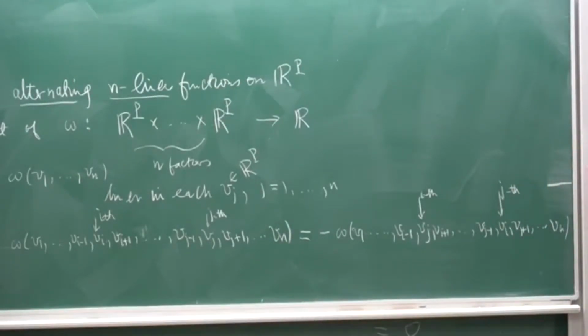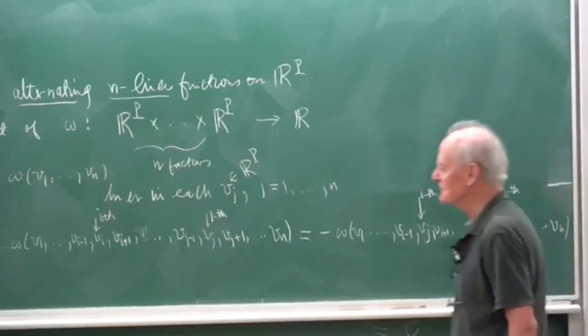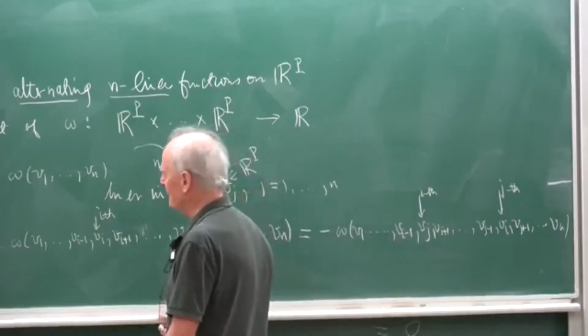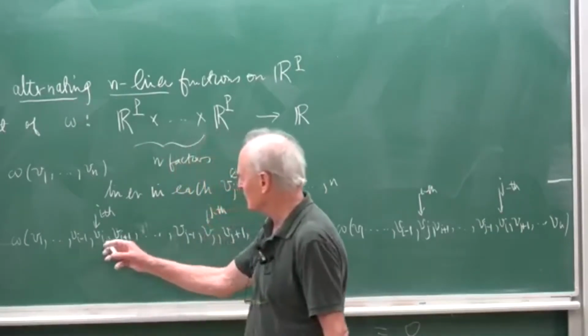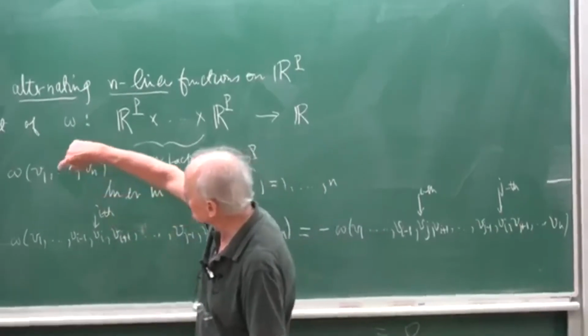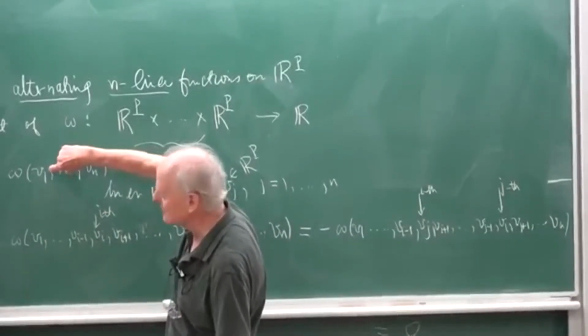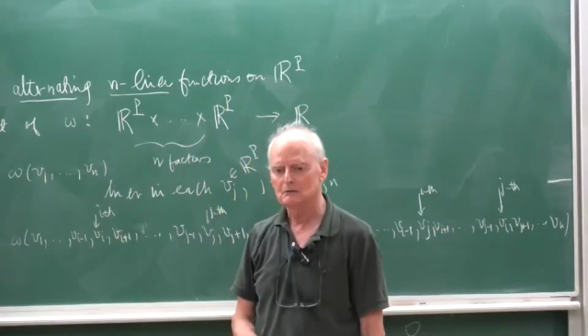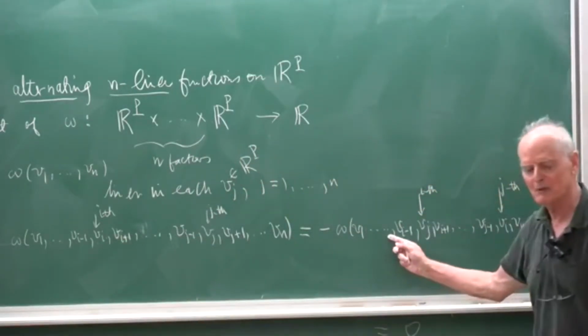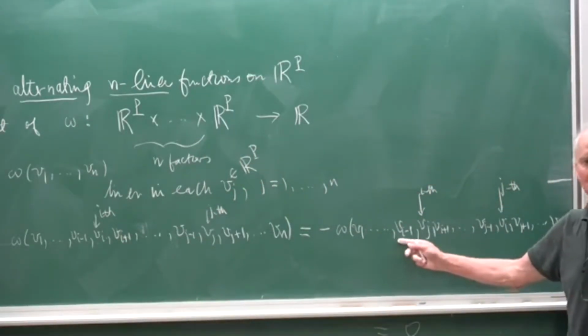So that's the definition. We look at the set of all of those things. That's called lambda superscript n of Rp, the alternating n-linear functions on Rp. And notice one important consequence of this: if any two v's are equal, then of course omega must vanish, because it would have to be the negative of itself in that case.